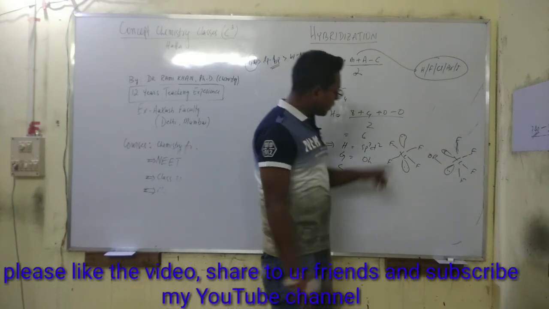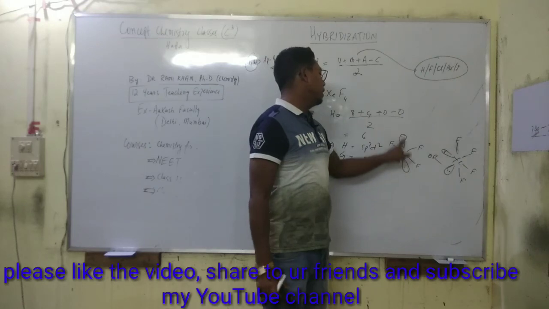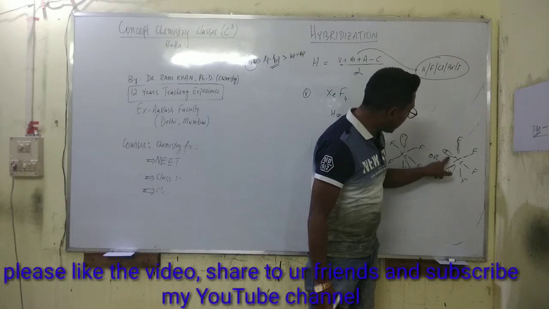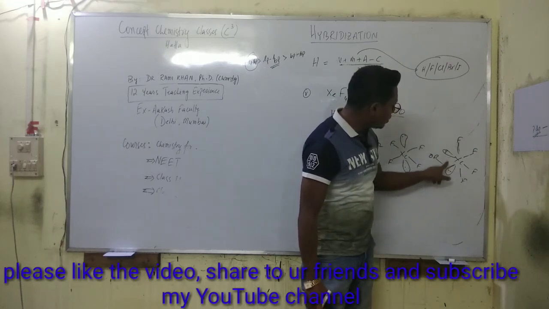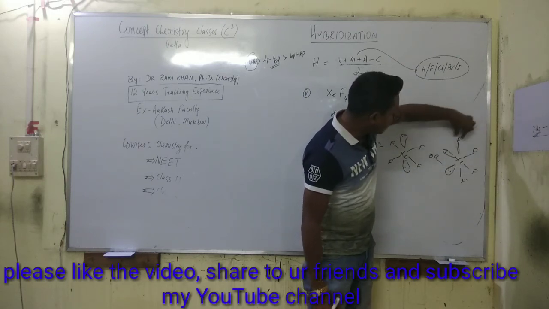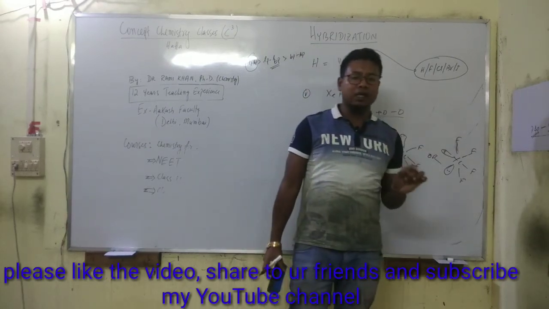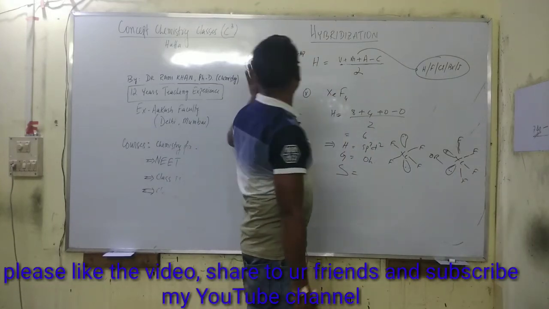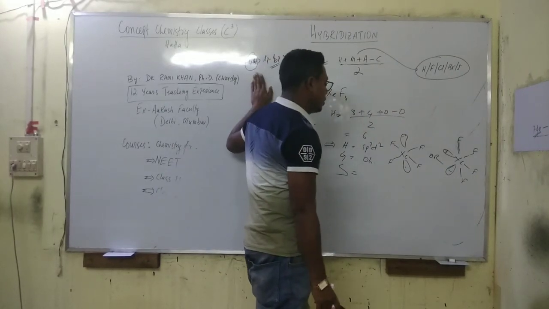Now in this case lone pair repulsion is at 180 degree, but in the other case these two are at 90 degree. This is 90 degree, or if this lone pair is here, then also this will be 90 degree, and lone pair repulsion at 90 degree will have maximum repulsion as given by this postulate of VSEPR theory.